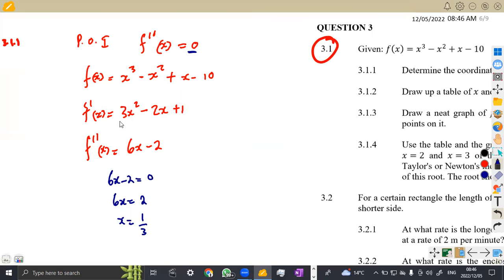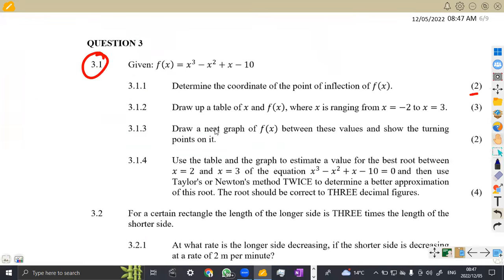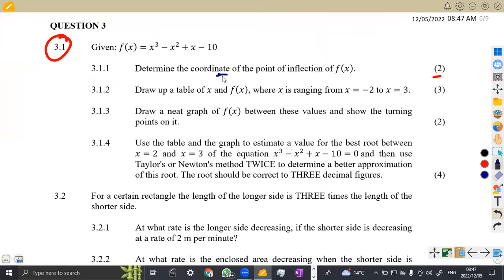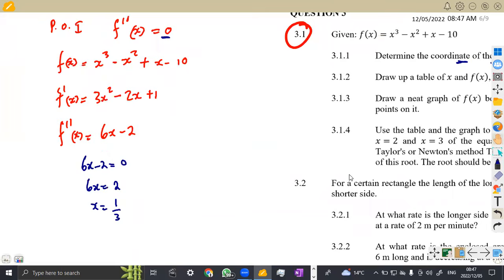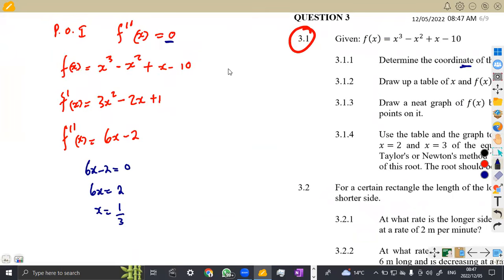So we have the value of x, but the question was not for us to find the x coordinate, but to find the coordinate of the point, which means we have to find the value of y. That's a point, remember, x, y. For us to find the value of y, we're just going to substitute into f of x, the original function: a third to the exponent of 3 minus a third to the exponent of 2 plus a third minus 10.